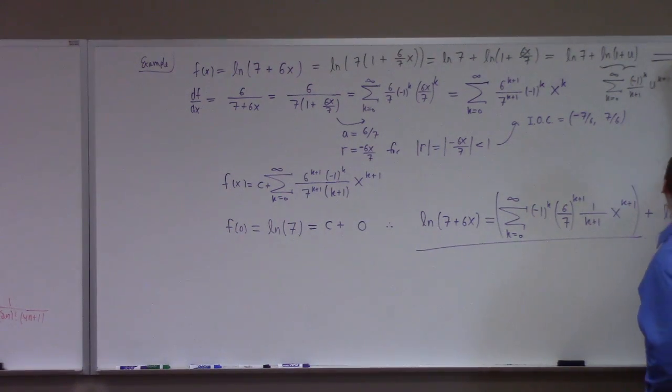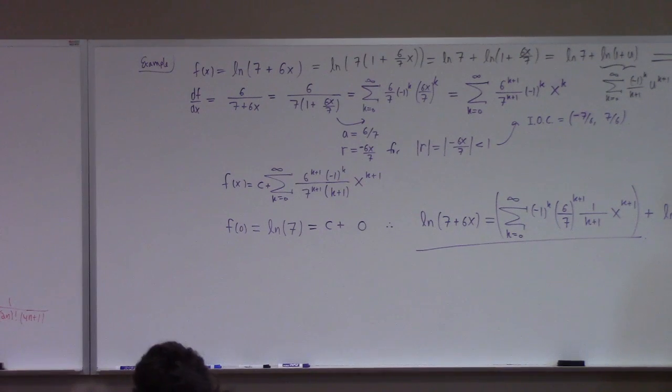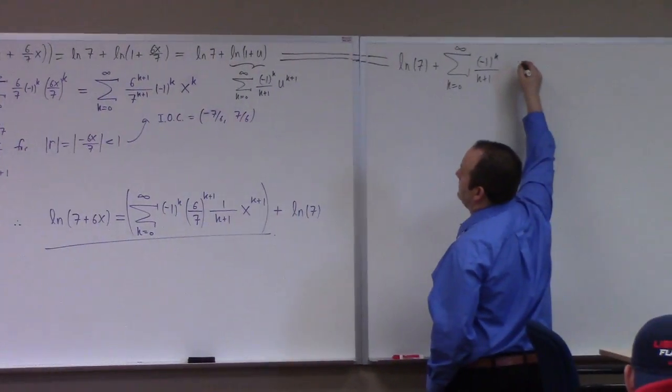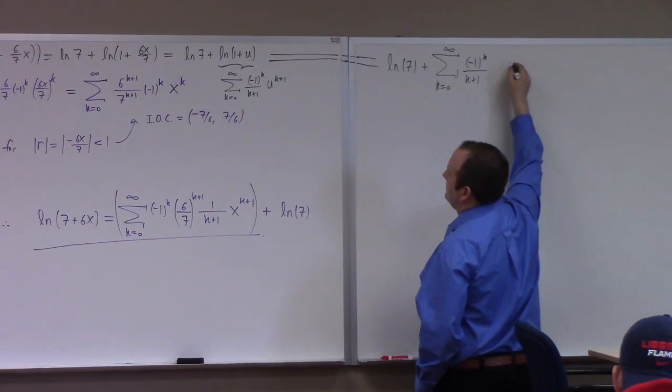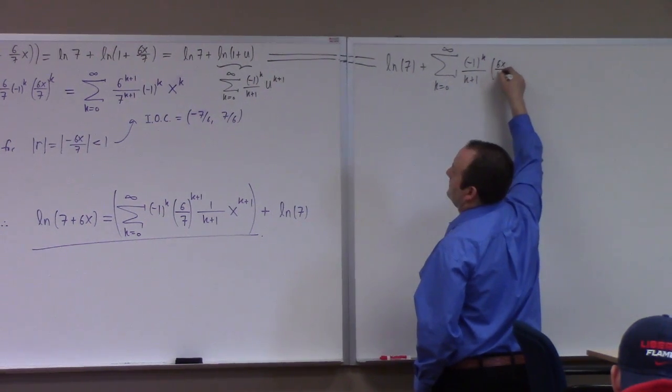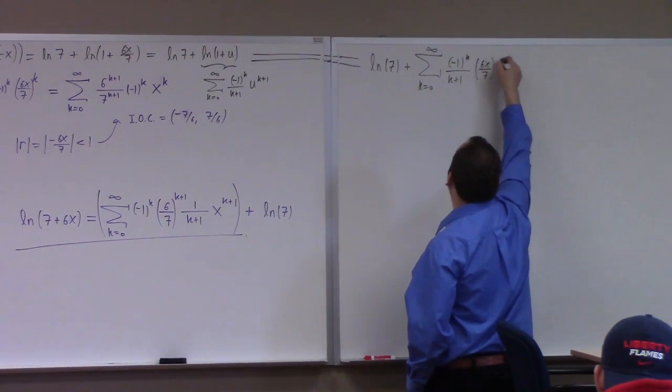So this is the natural log of 7 plus the sum k equals 0 to infinity minus 1 to the k over k plus 1 times 6x over 7 to the power k.